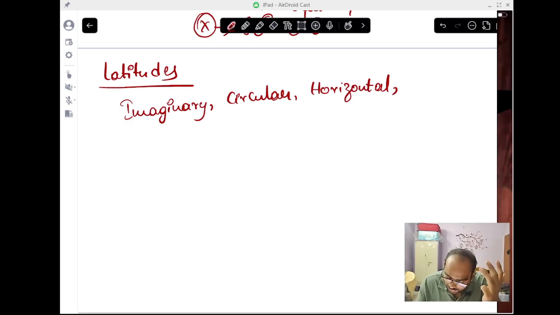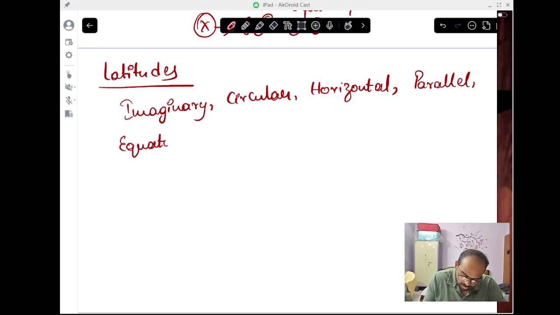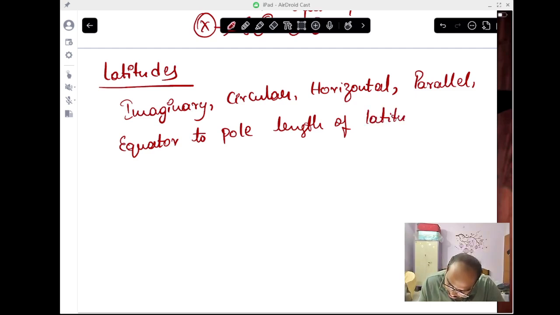Fourth, they are parallel to each other. Fifth, the length of latitudes decreases from equator to pole.